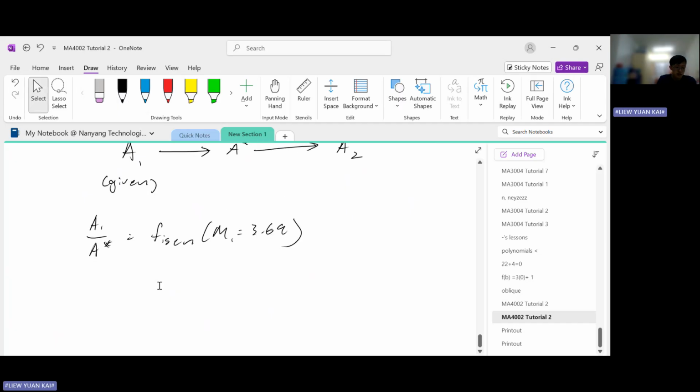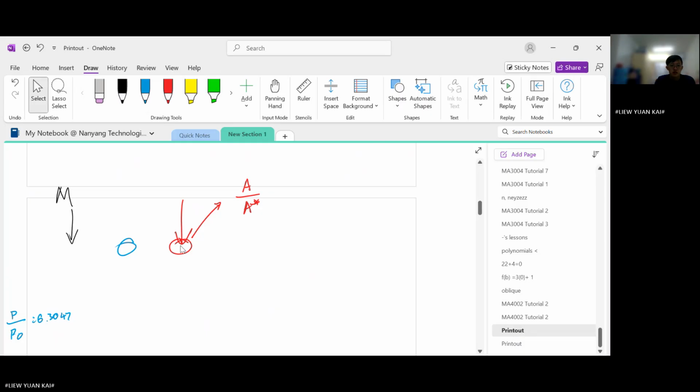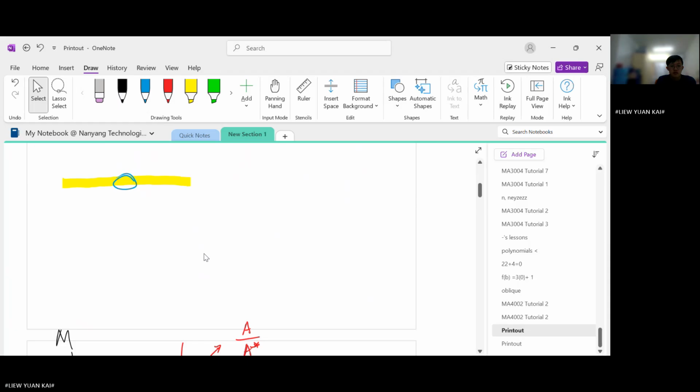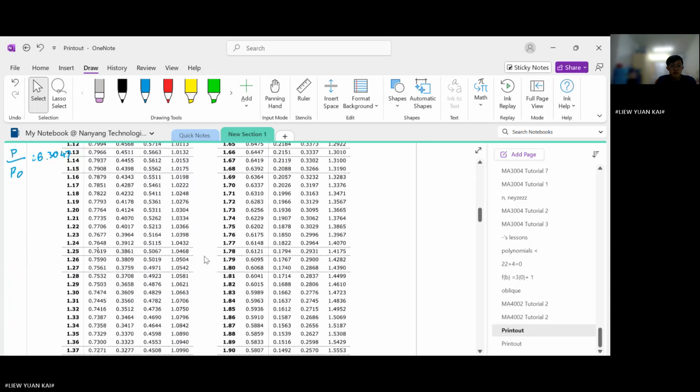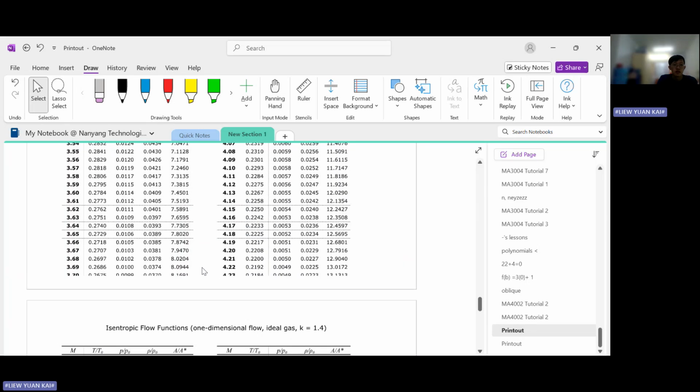Sub in the known values. A1 is given. A star is unknown. And this we find from the tables. So you go to the table and look for the row where Mach number is equal to 3.69. This is the row.